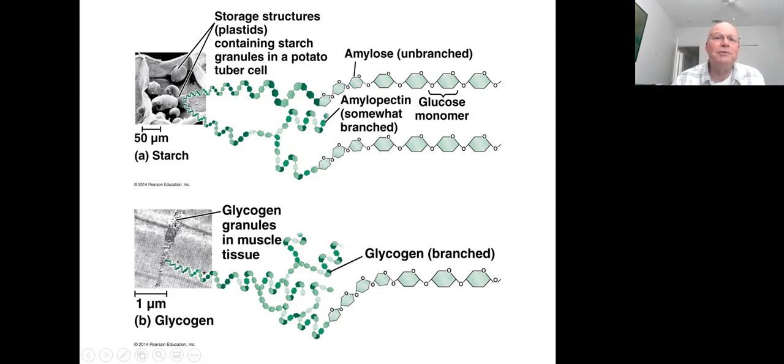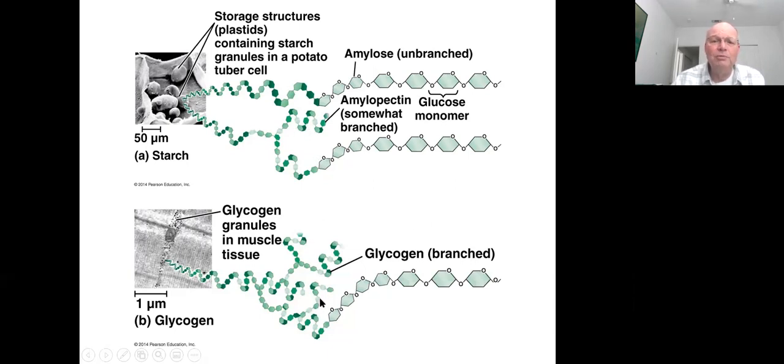So there's two types of starch within the starch granules that you'll find in potato cells or in the chloroplast, which is an alternative place for storing starch. The amylose is easily broken down because it's unbranched. The amylopectin, a little bit tougher to break down, but can be broken down nonetheless.